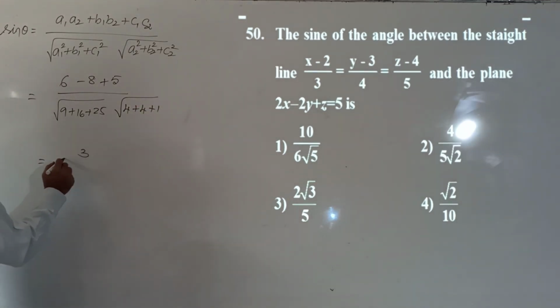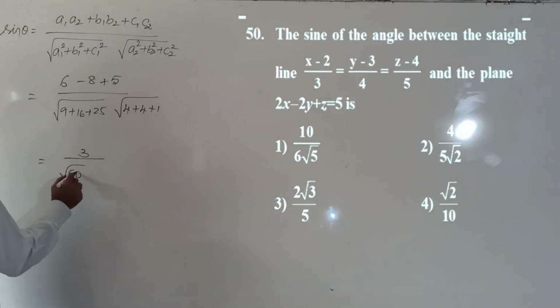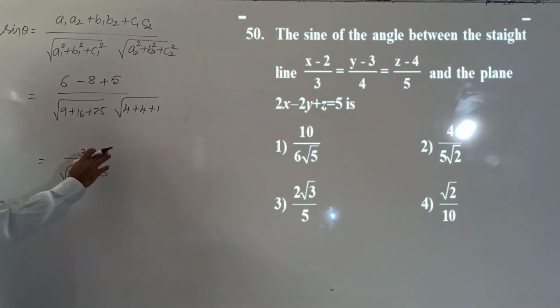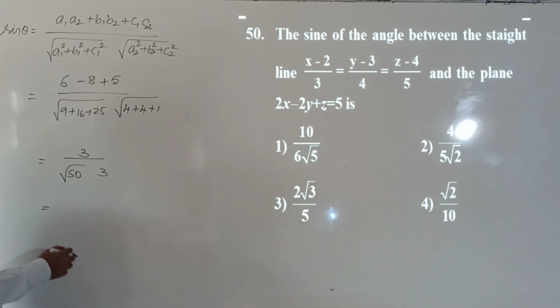So in the numerator you get 3, divided by root 50 into 3. Root 9 is 3, 3 gets cancelled. 1 by root 50. 1 by root 50 can be written as 1 by 5 root 2.